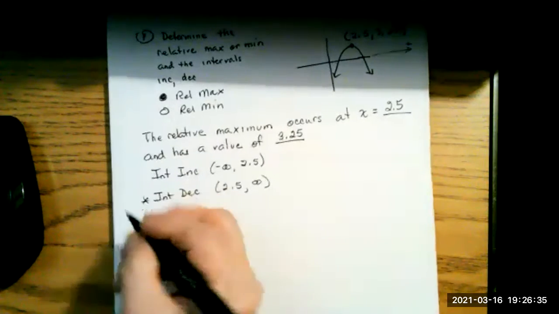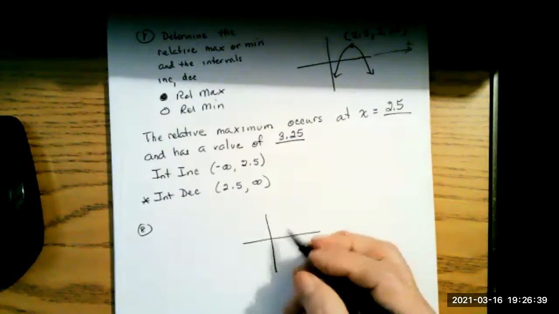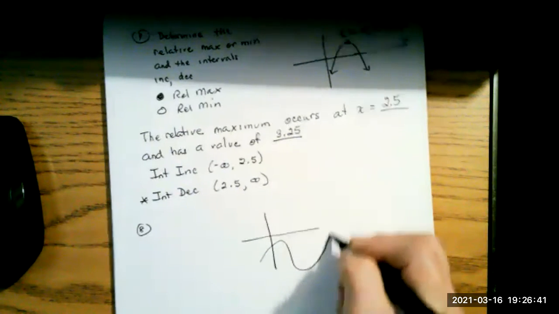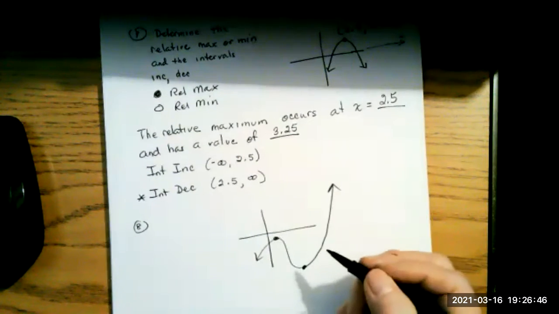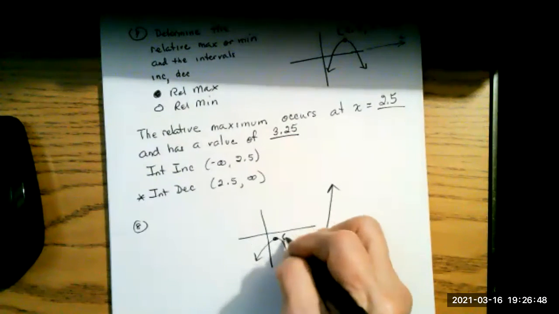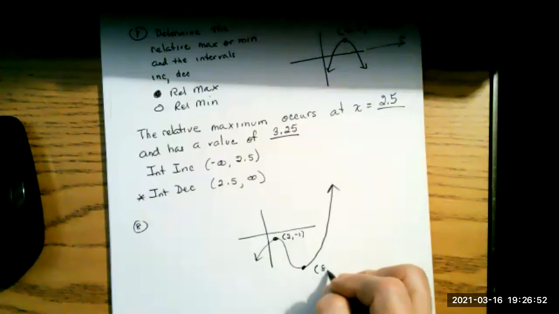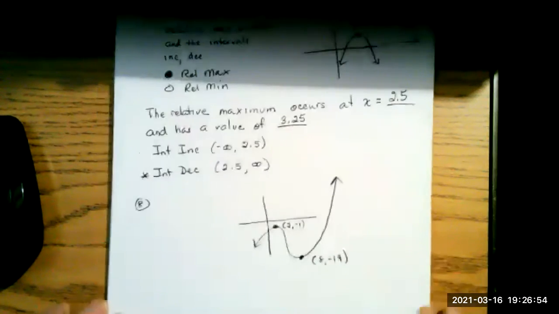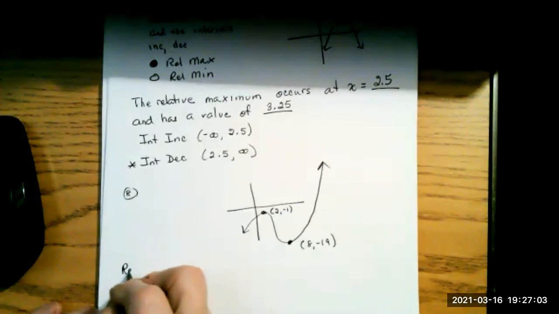All right, this is number 8. And in this one, we have a curve that looks like this. There's a point here and a point here on the curve, and they give you these points. This is 2, -1, and this point is 8, -19. They give you the points. And then they have these sentences you have to fill in.